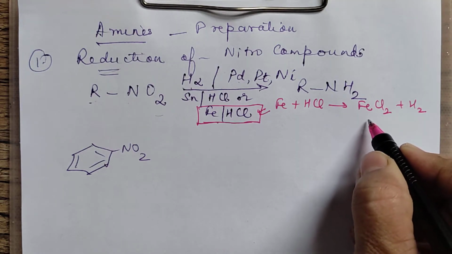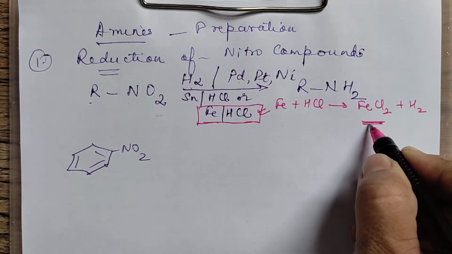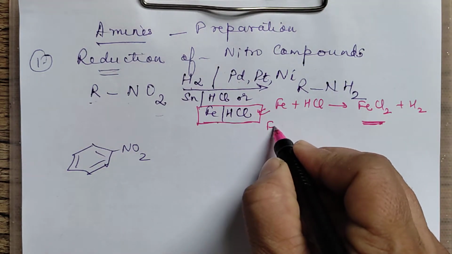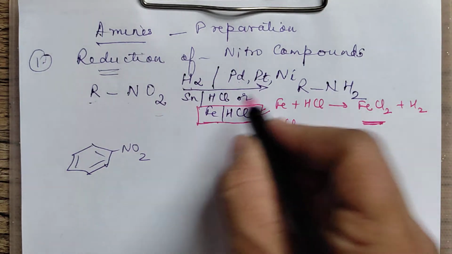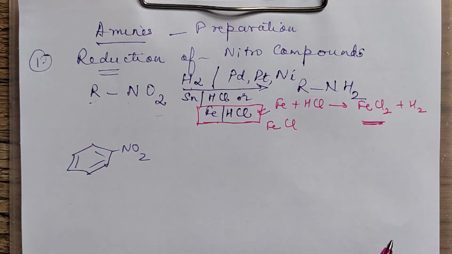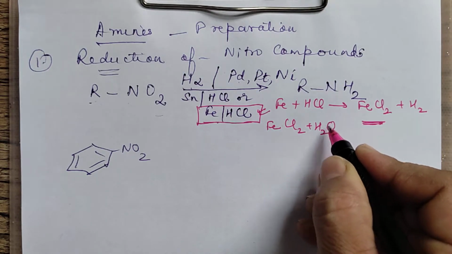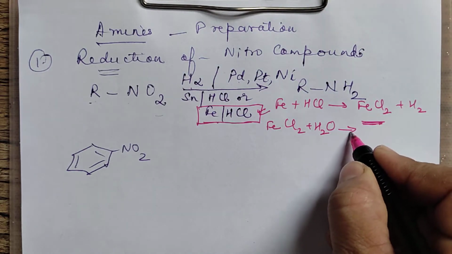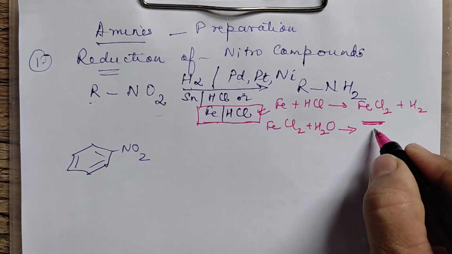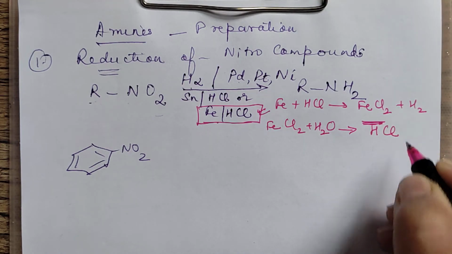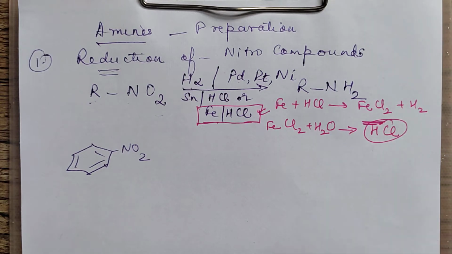This FeCl2 formed as one of the products gets hydrolyzed easily, because in this reaction water is one of the products. So that FeCl2 will react with water, get hydrolyzed very easily and result in the formation of HCl.